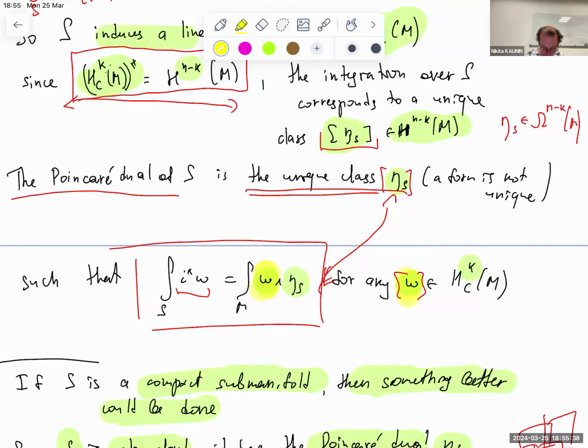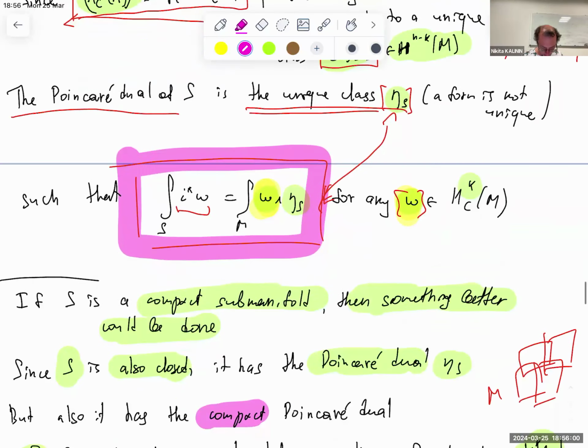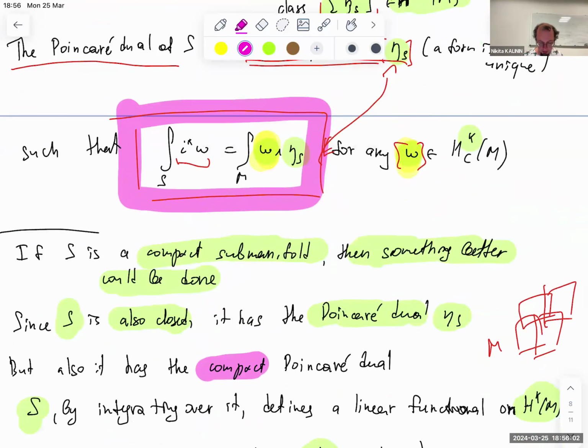And here, when you have this definition, we claim that it happens for any cohomology class omega, which means that it holds for any closed form omega, because any closed form represents a certain cohomology class. But the result does not depend on the concrete choice of form.